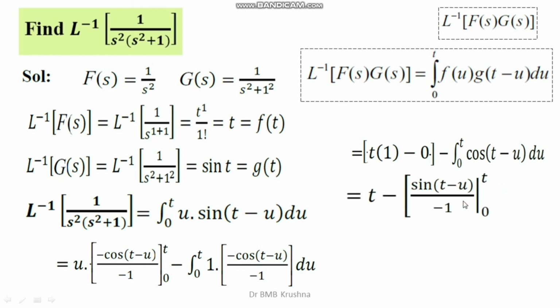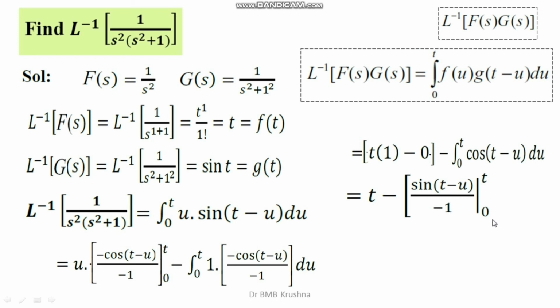After simplification, it became t minus the integral of cos of t minus u. Here the inner function is t minus u, whose inner derivative can be presented in the denominator. That is why we have t constant, derivative 0, u derivative with respect to u became negative 1, and consider the limits between 0 and t.